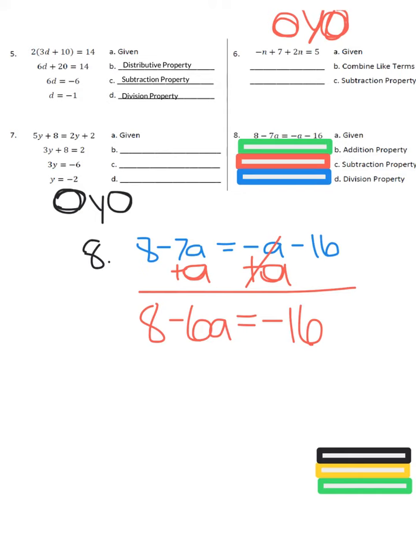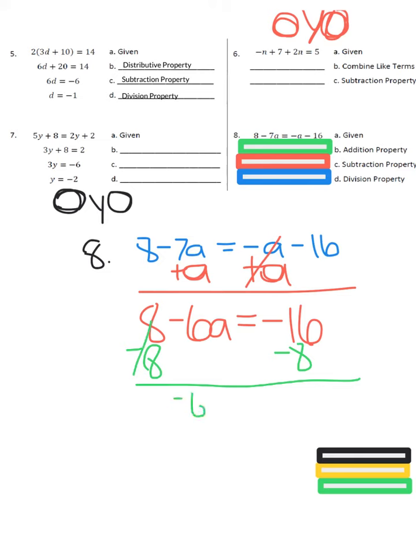Now they tell me my second step is to do subtraction. So I can't be moving that negative 6a to the other side, but this 8 is positive, and I know if I'm going to follow the rule there of subtraction, I'm going to have to subtract it to the other side because it is positive. So I'm going to subtract 8 from both sides. That cancels out.